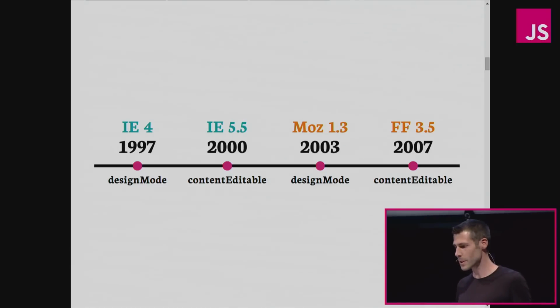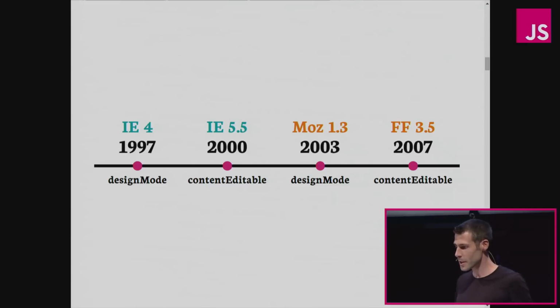So what you could do since IE4 is create a frame, set it to be editable, and then bind some key bindings and buttons to various execCommand calls, and you'd have a basic WYSIWYG editor.